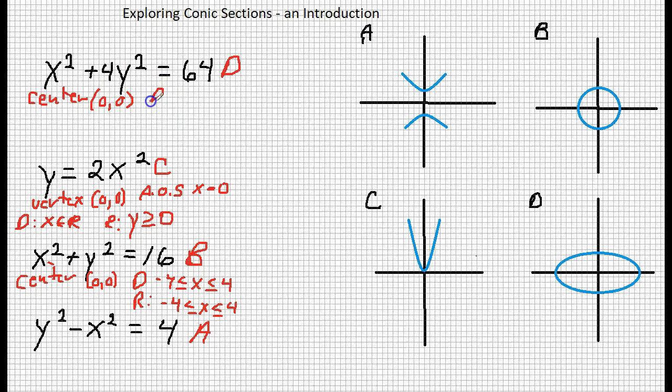Okay, domain, -8 less than or equal to x less than or equal to +8. So it's all between 8 and -8. Now the range, if you were to count, you could go up 4 units and down 4 units.